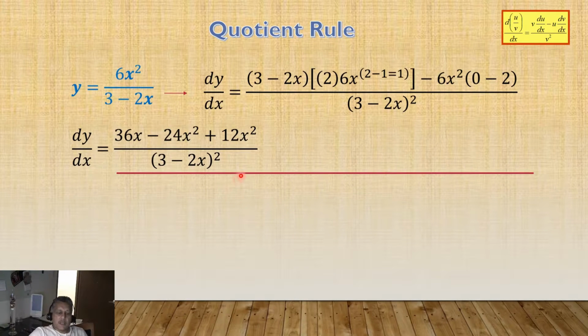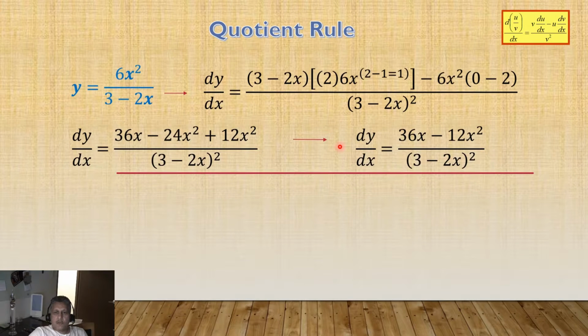The next process here is to look at the numerator and see if you can factor it and place it in prime form. Prime form really means you cannot reduce it any further. I could see right in here that I could take out the 12 from the coefficient, and the lowest x value, which will be just x by itself, so I could pull out the 12x.